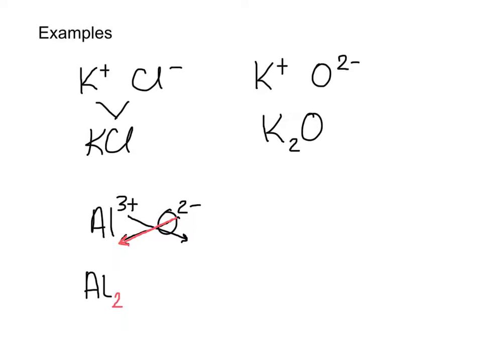And then we're going to do the same thing for the oxygen. We're going to take the 3 and we'll put it down there. And if you check that algebraically, you realize if I have 2 +3 charges and 3 -2 charges, the sum of their charges is equal, and also the sum of the charges equal 0.